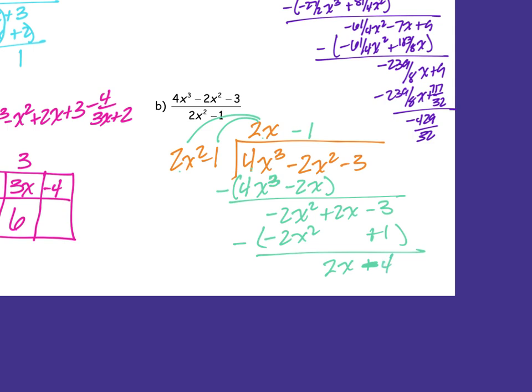So my remainder is 2x minus 4 divided by 2x squared minus 1. So we just have a bigger remainder, and that's where we were messing up on the box. Yeah, I think we can do it that way.